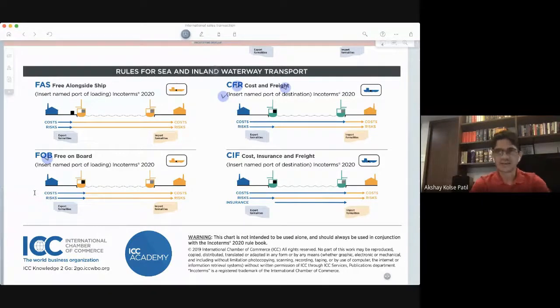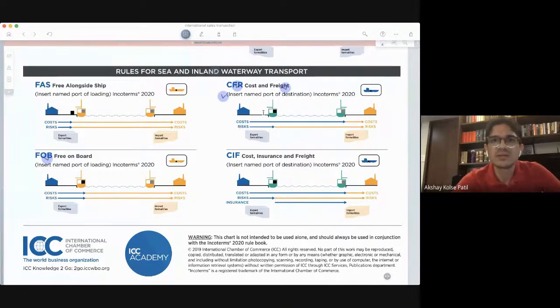And in CIF, this is the final one, you have the cost of shipping, plus the risk remains with the seller till the goods reach the port. If you see here, the diagram clearly shows that you have the cost up to the port, you have the risk up to the ship, and then the risk up to the port is secured by insurance.